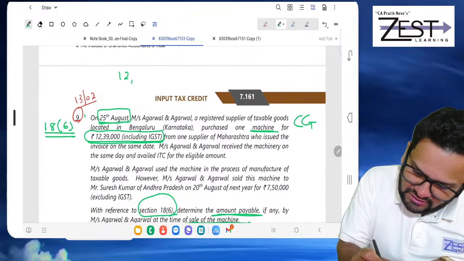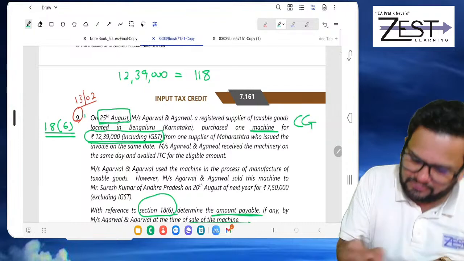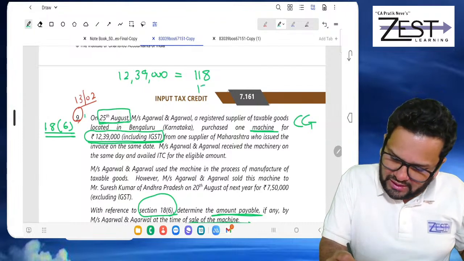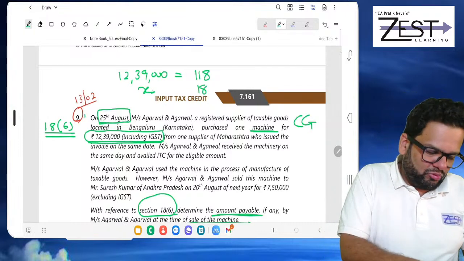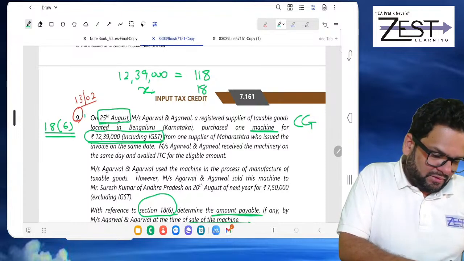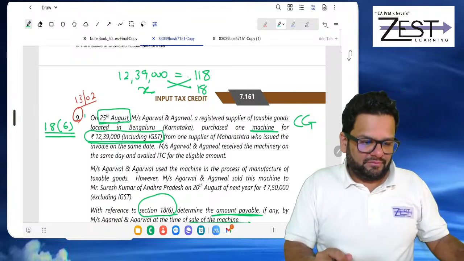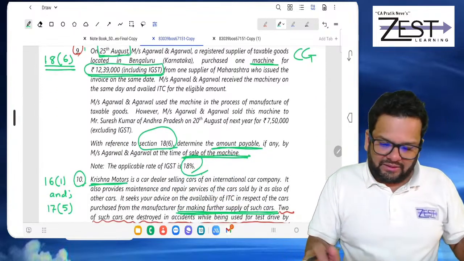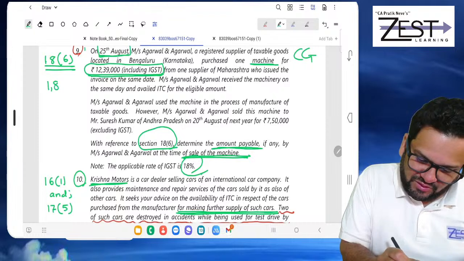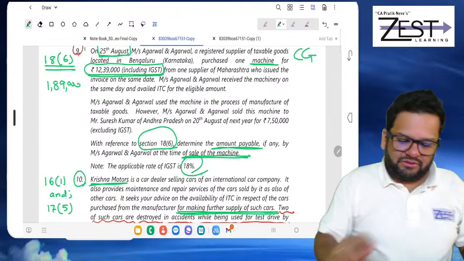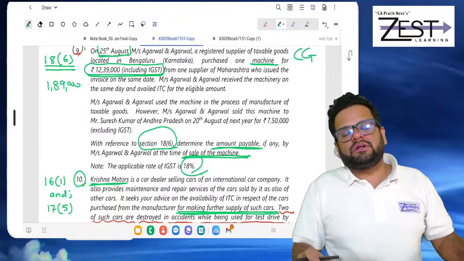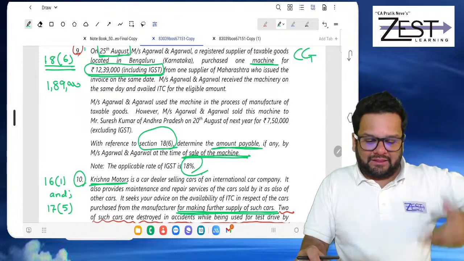Do you agree that 12,39,000 is equal to 118? So 18, that is GST, will be how much? So into 18 divided by 118. Are you getting 1,89,000? Yes, but you will not need to pay the full 1,89,000.